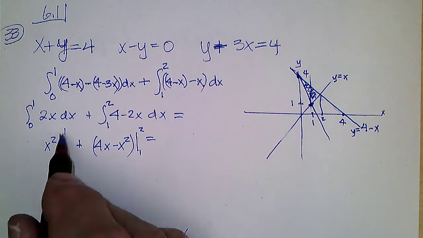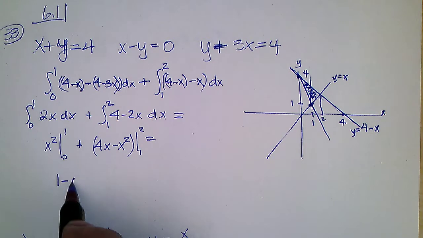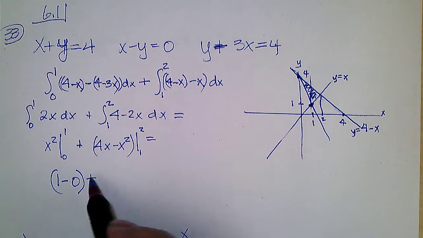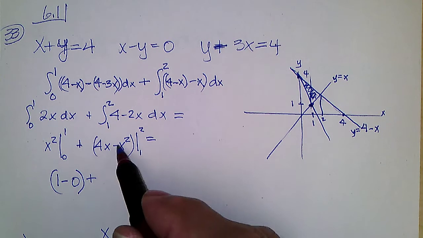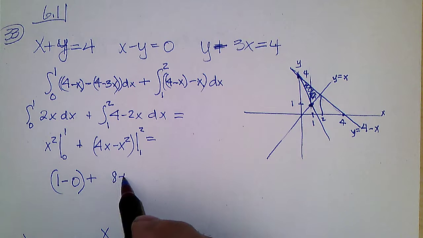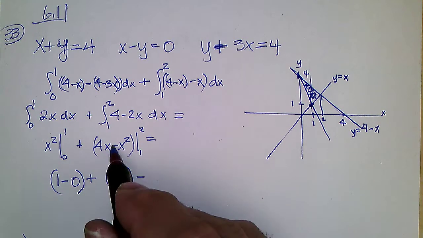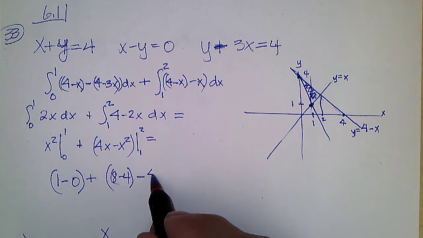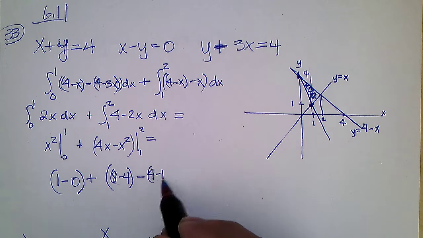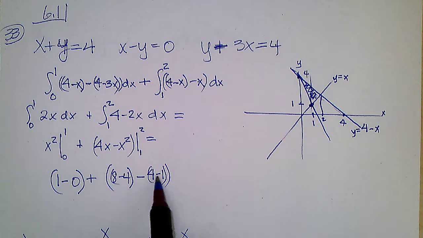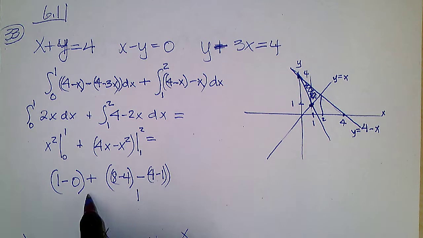So that's 1 minus 0 from the first one plus 8 minus 4 minus 4 minus 1. 8 minus 4 is 4, minus 3 is 1, 1 plus 1 is 2. 2 is the answer.